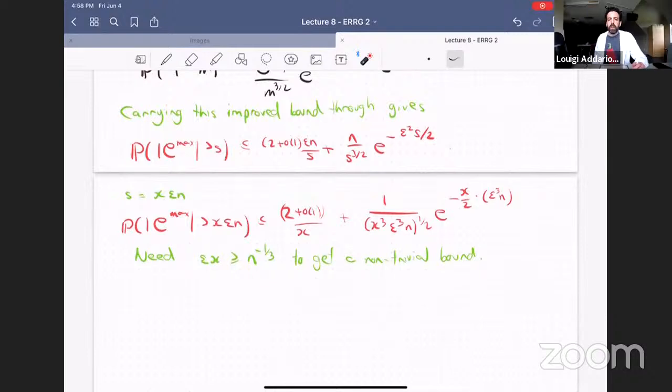The next theorem that I'll prove, and that'll take a bit of work, so starting today and continuing on Monday, will show how this upper bound is tight, and we'll see how this n to the minus a third really does arise as a special scaling.